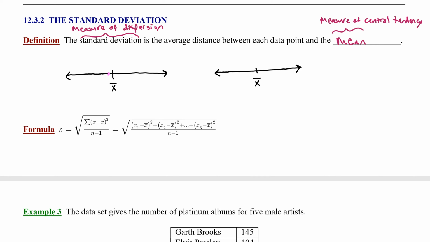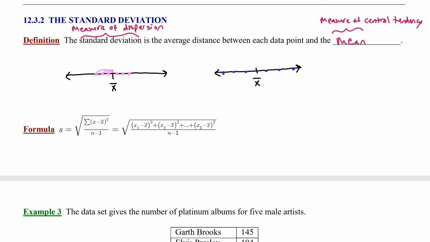Now, one data set may be closely packed near its measure of central tendency, the mean, whereas another data set may be more dispersed or spread out on that number line. If I find the distance between each point and the mean, and then I average those distances, that's going to give me the standard deviation.